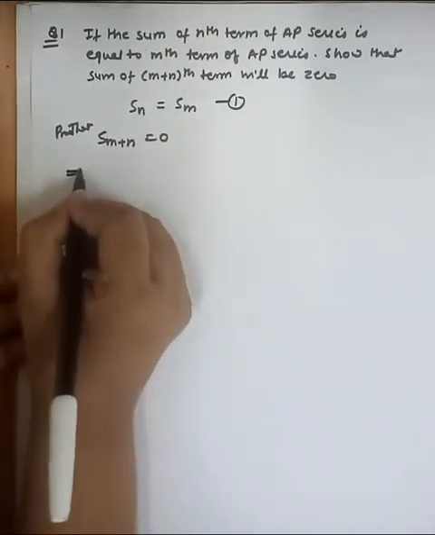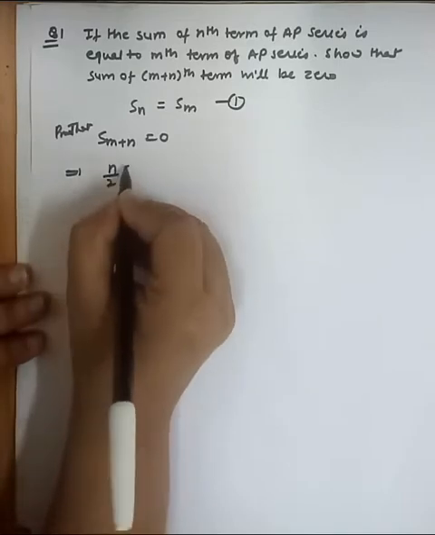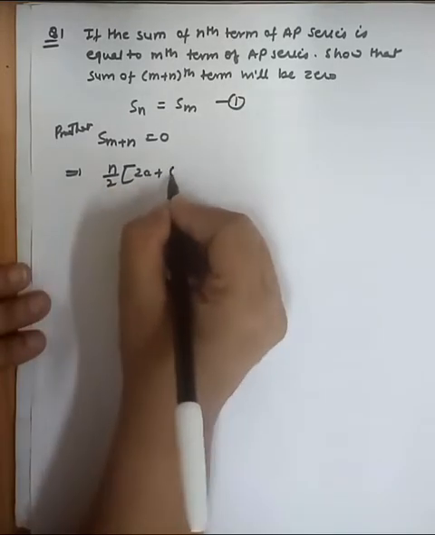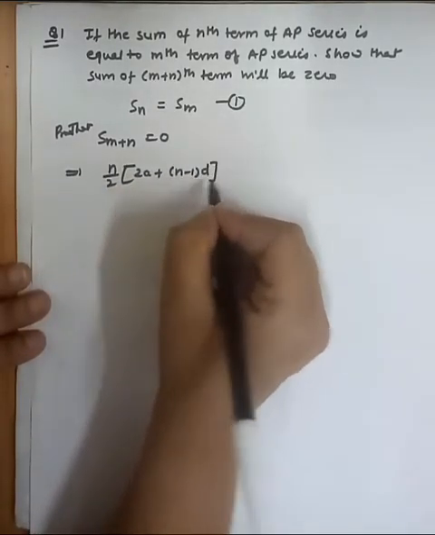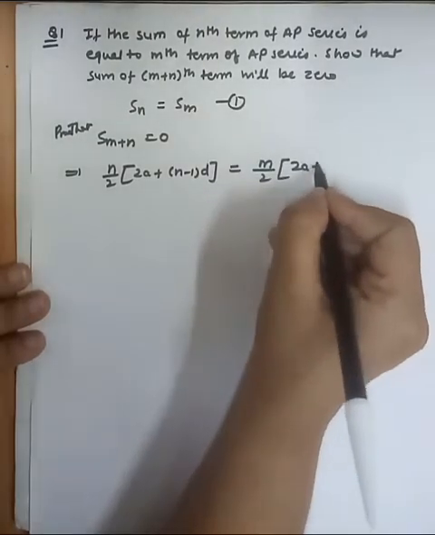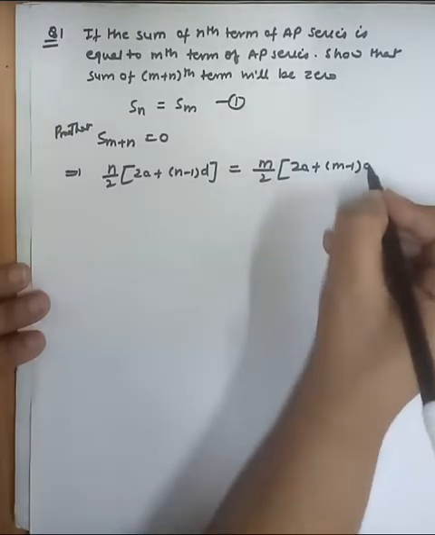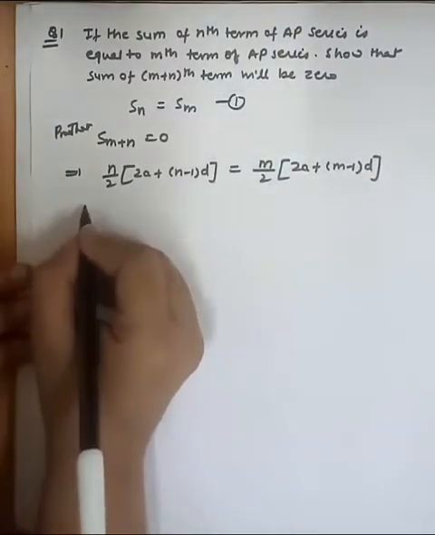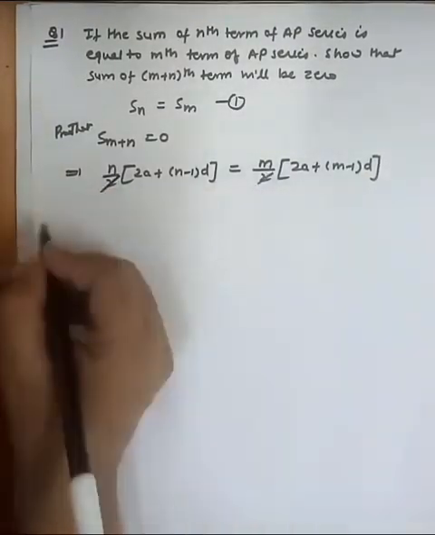So we know Sn is n by 2 (2a plus (n minus 1) d), and Sm is m by 2 (2a plus (m minus 1) d). Now solve both equations. So cancel out 2.